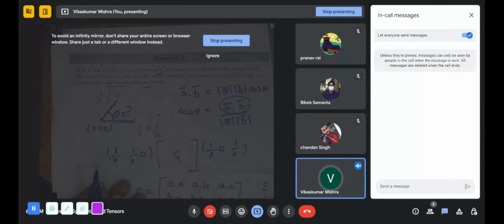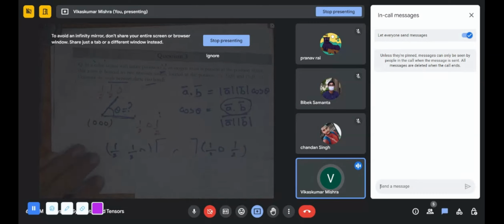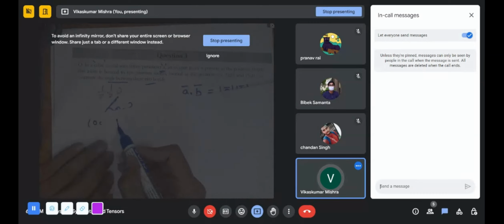Since it is a Cartesian coordinate system we could find it directly, but we will still restrict ourselves to the crystallographic coordinate system, so that we can solve all types of questions even if the system is not cubic. Let us see how we can find the magnitude of A. What is the process? It will be the root of the dot product of A with A.